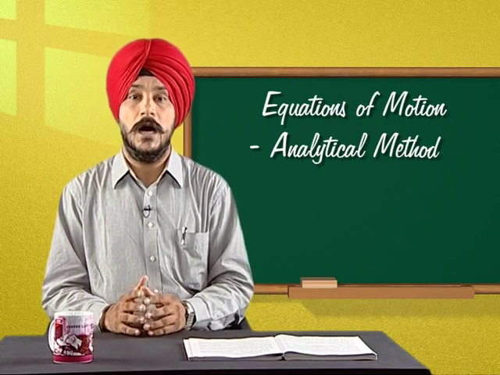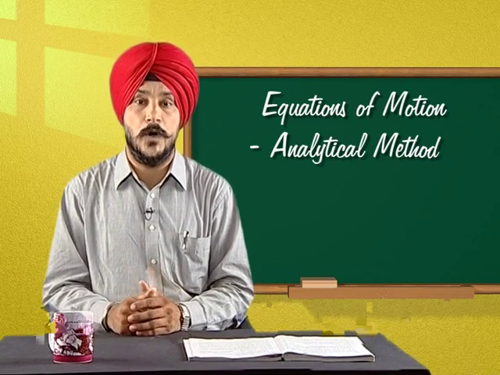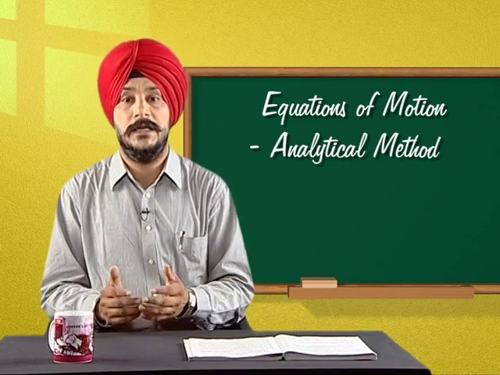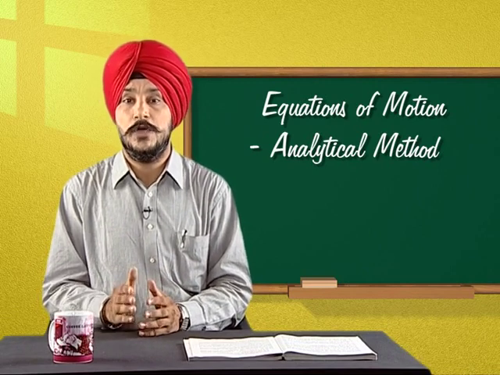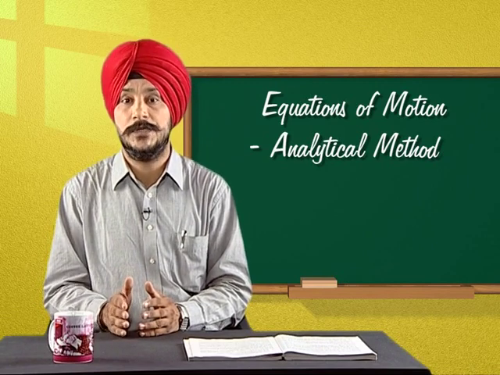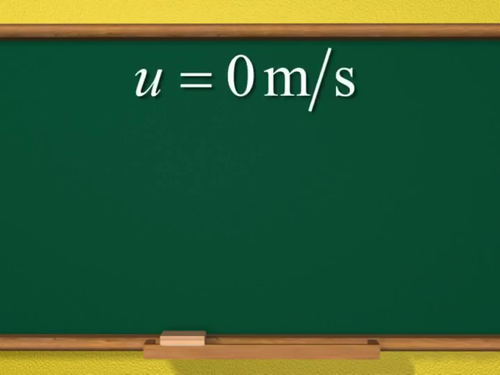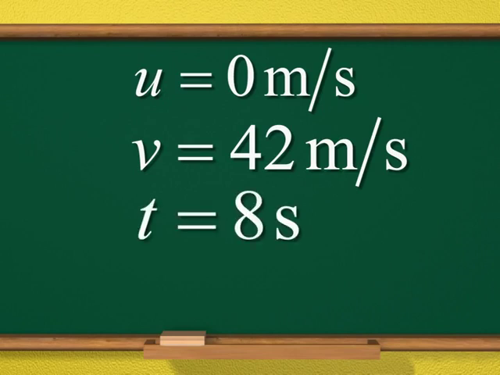To show how it helps, let us try some numerical problems based on this relation. In our last problem, an automobile company claimed that its deluxe sports car would accelerate from rest to a speed of 42 meter per second in 8 seconds, with an assumption that the acceleration would be uniform.